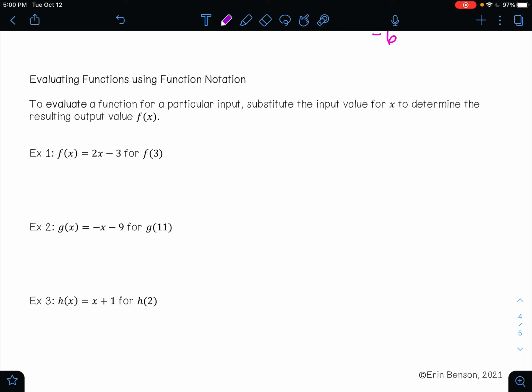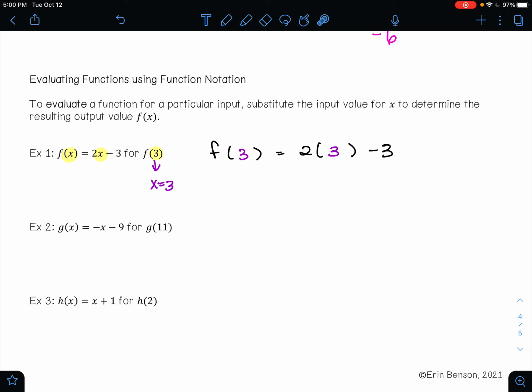So if I look at example 1, we have f of x equals 2x minus 3, and we want to evaluate that for f of 3. This right here is telling us, okay, x is 3. So that means that every time I see an x in f of x, I'm going to replace that with 3. So instead of f of x, I'm going to replace all those x's with 3. Because again, this 3 inside the parentheses tells me that x is 3.